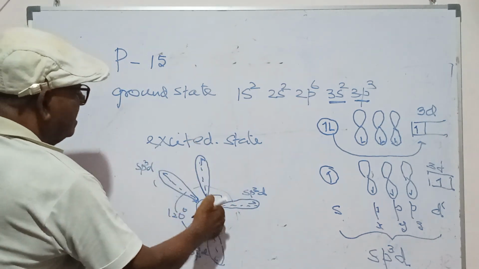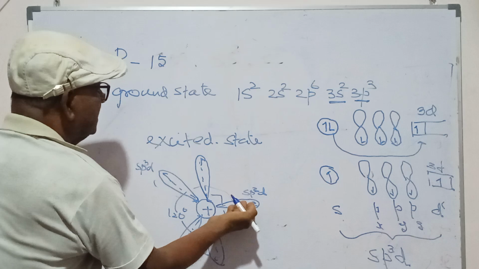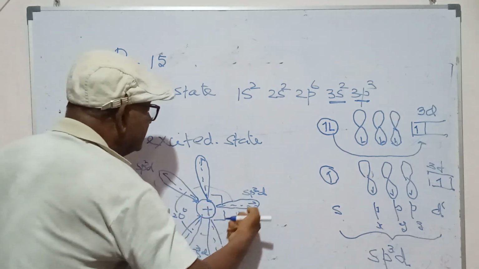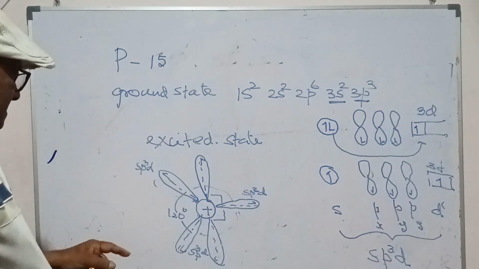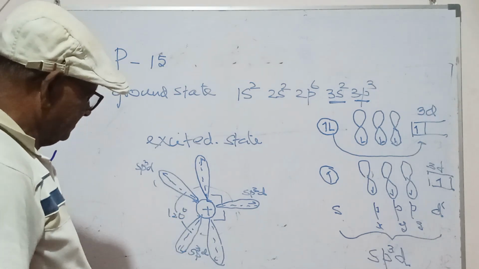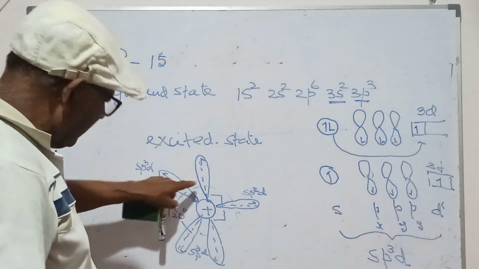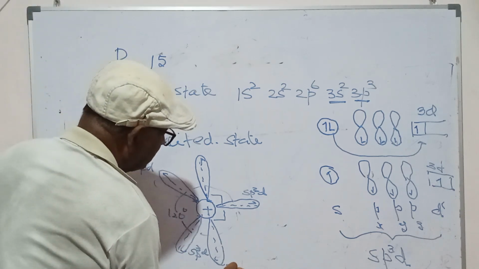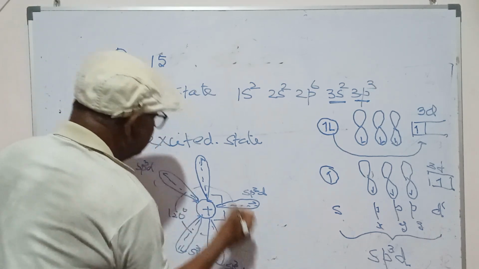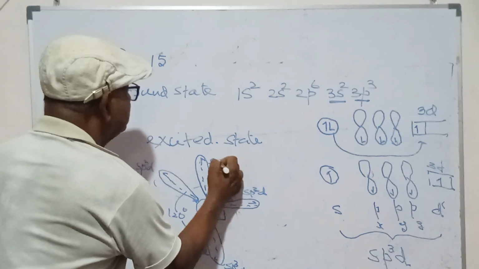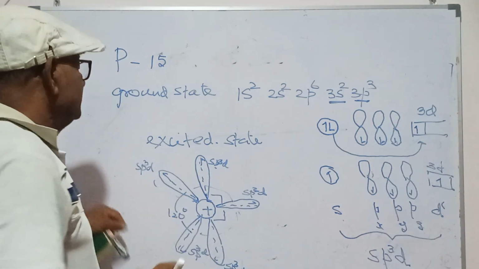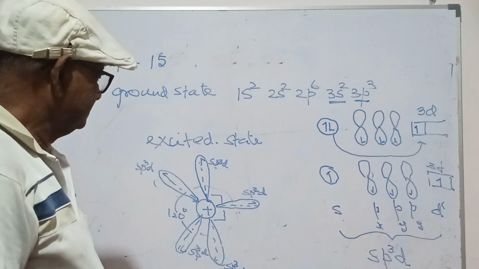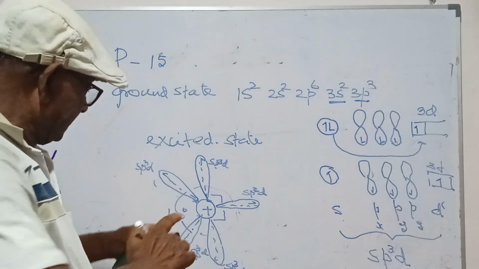These two are perpendicular to the trigonal planar. So there are 5 orbitals, all are identical. sp3d, all are identical to each other. Right?